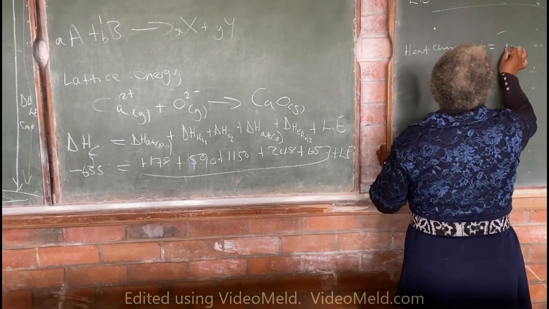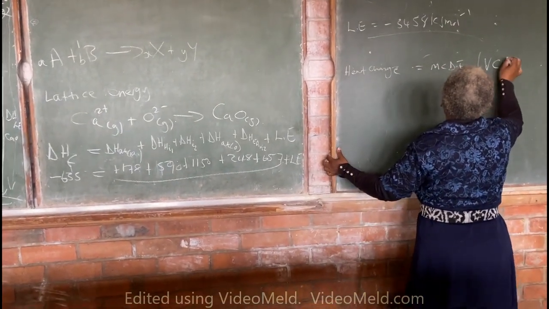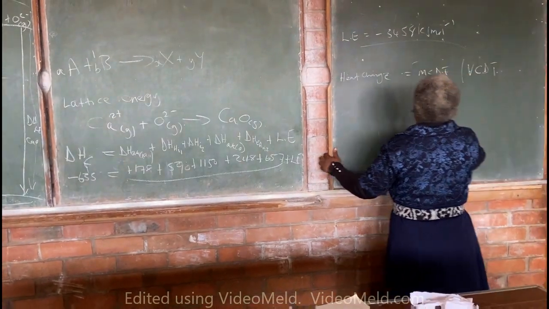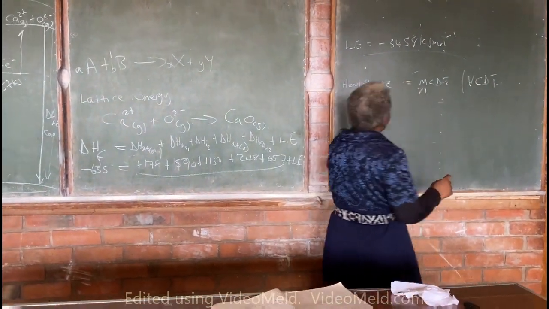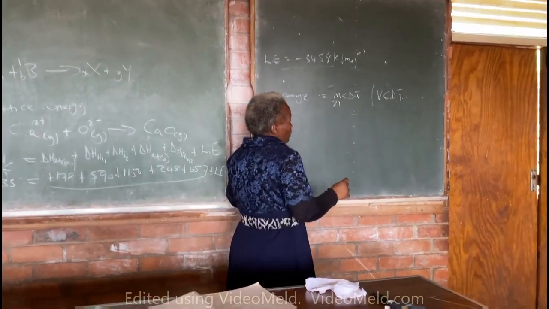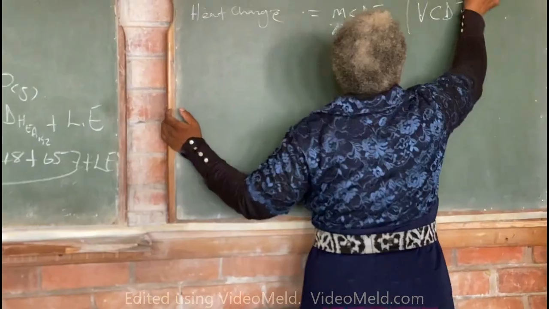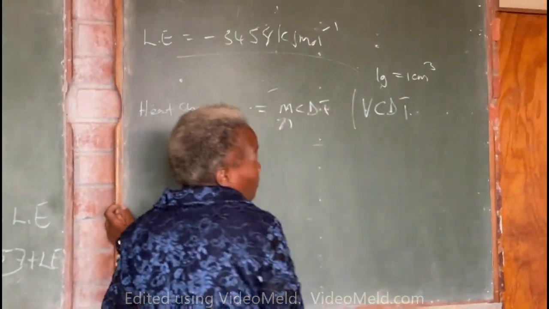q is equal to mc delta T or Vc delta T, where m is the mass of our ammonium nitrate. Here we use the relationship 1 gram is equal to 1 cubic centimeter of volume.